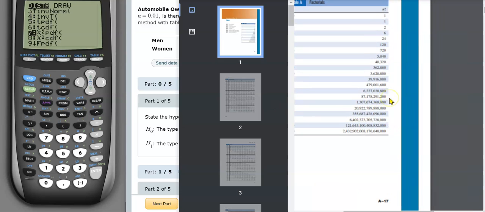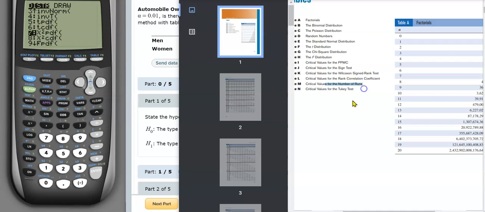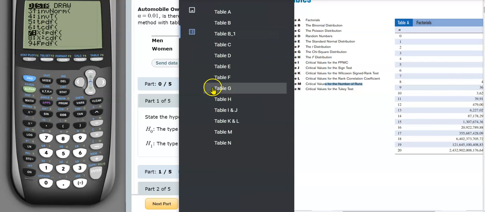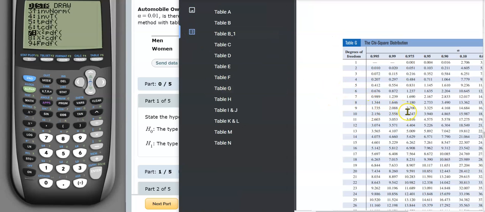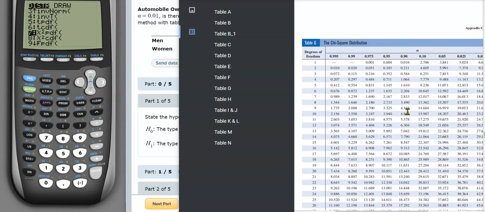The table you are going to use is the chi-squared table, which is table G. This is the chi-squared table. We said the degree of freedom is 3, so I am here, and I am looking for alpha 0.01.